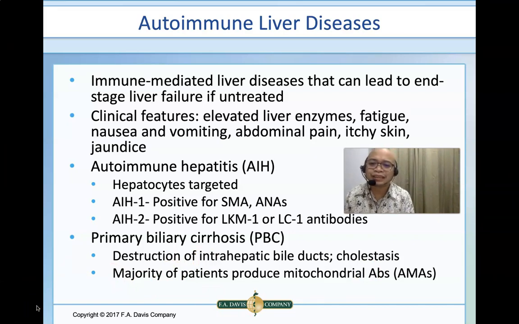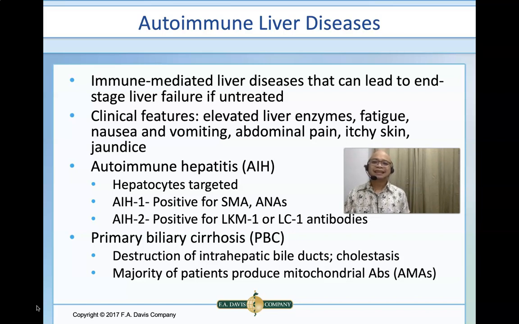A person considered AIH1 is positive for smooth muscle antibodies and anti-nuclear antibodies. If it's type 2, that person is positive for liver, kidney, microsomal antibodies, and LC refers to the anti-liver cytosol type 1 antibodies.